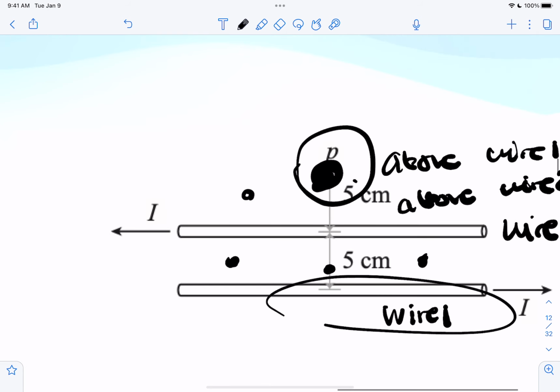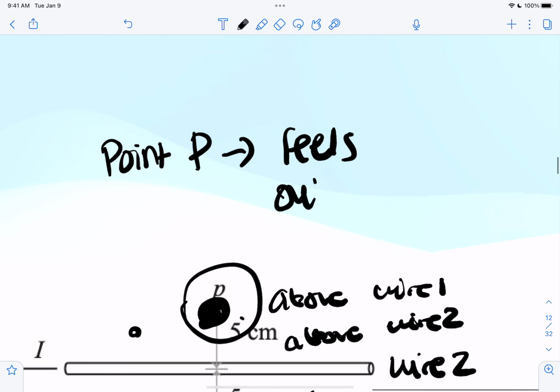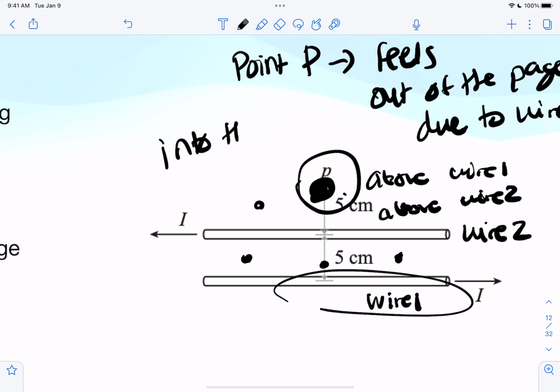So at point P then, it is feeling out of the page due to wire 1, right? But it also feels into the page from wire 2, right?